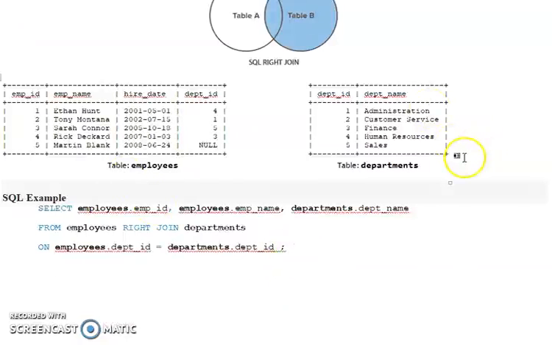You are joining two tables. If you are saying only matching, that is inner joining. If you say matching records plus remaining records of the left table, that is left joining. And if you say all the matching records and the remaining records of the right table, then that is called right joining. And how to implement? Using a select query.